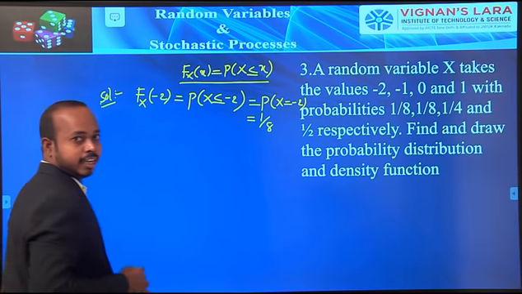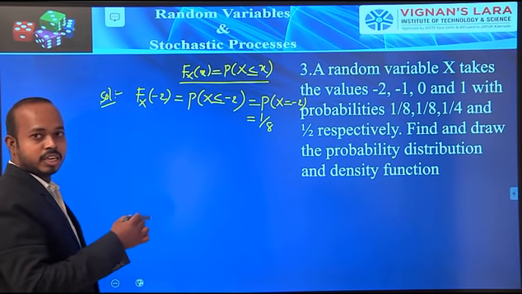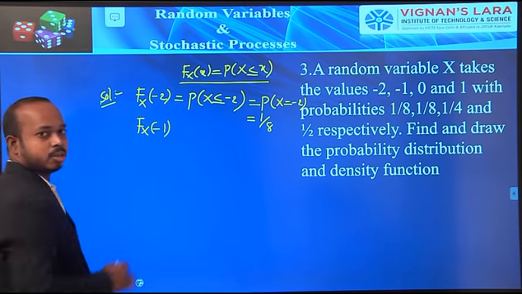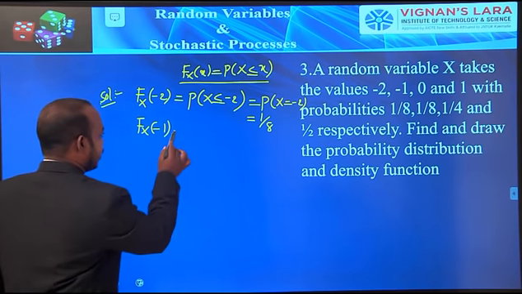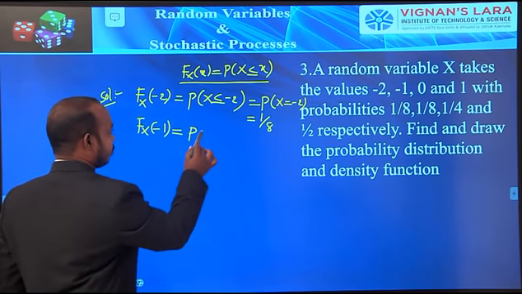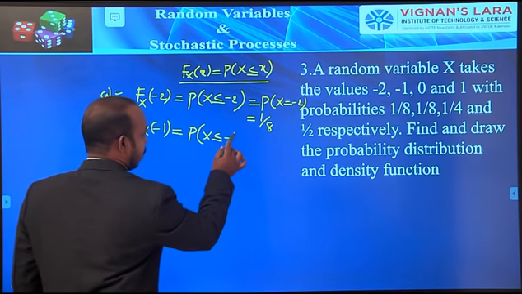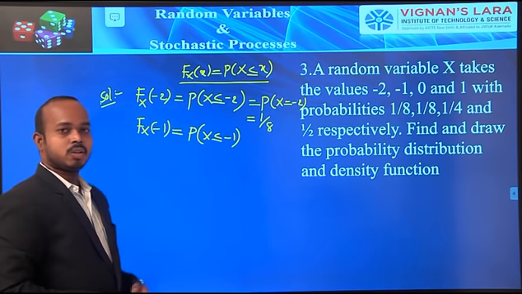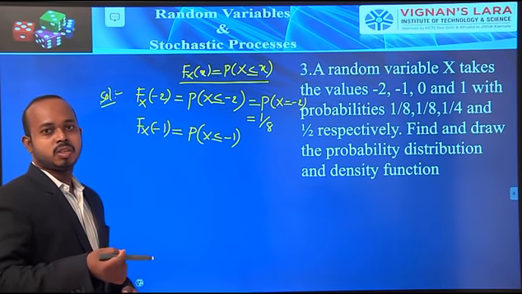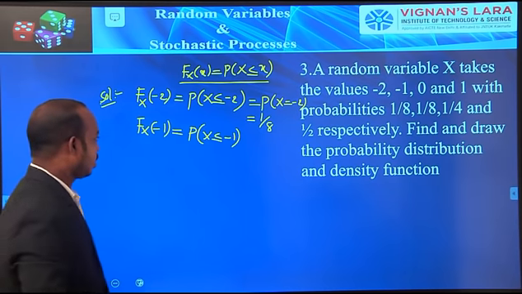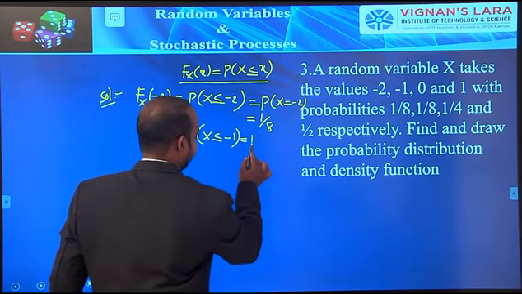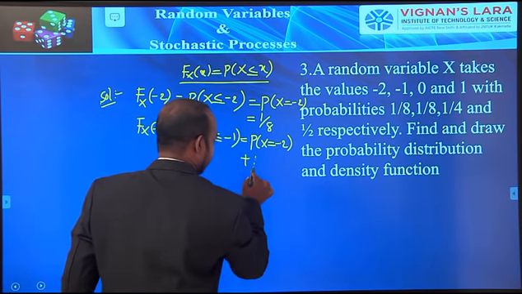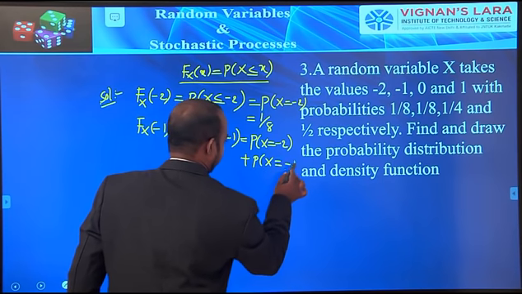Then the next quantity is FX of -1, the distribution at -1. The quantity is the probability of capital X less than or equal to -1. Among the negative numbers, the higher values are very less. According to this, I am writing the probability at X equal to -2 plus the probability at X equal to -1.